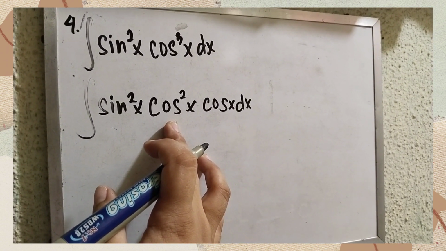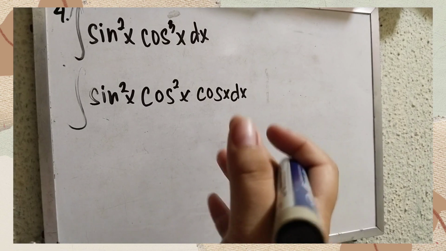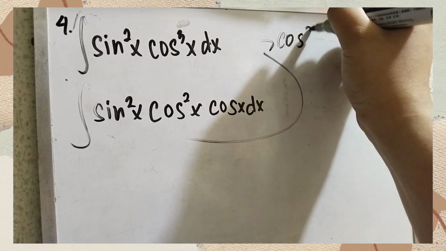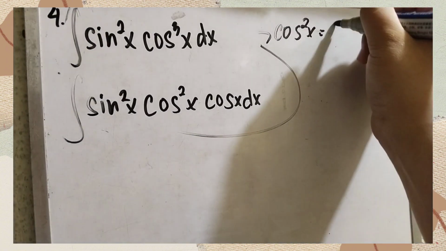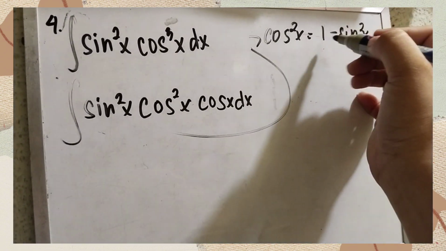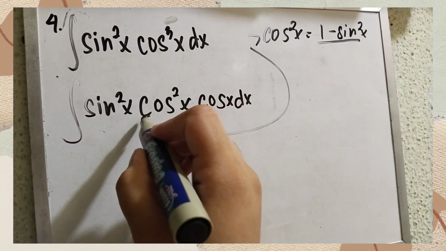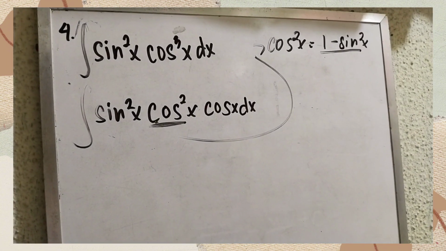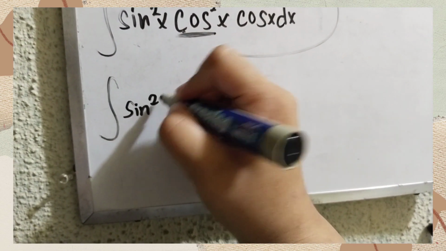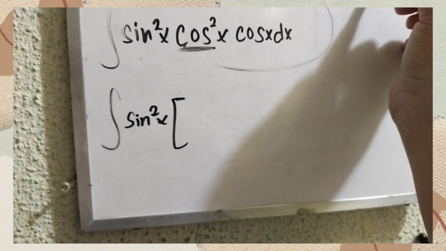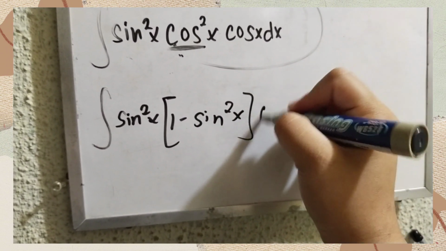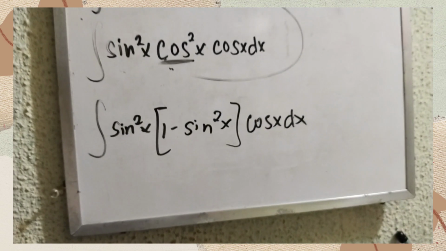We already know that cosine squared x is equal to 1 minus sine squared x. So we can use this expression and substitute it for cosine squared x. So it will look like this: sine squared x times 1 minus sine squared x times cosine x dx.